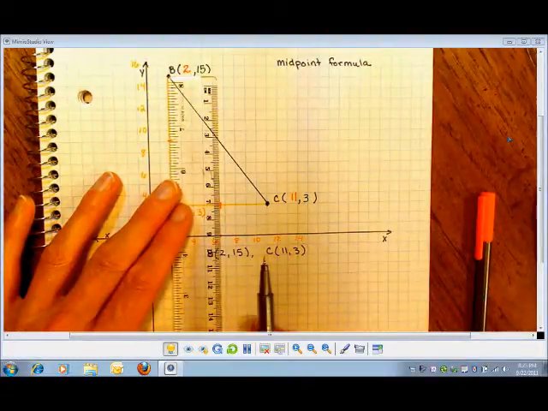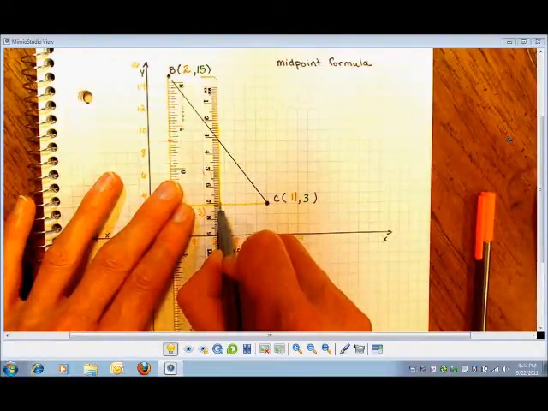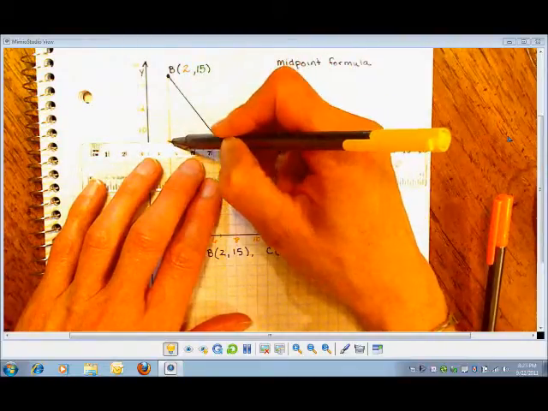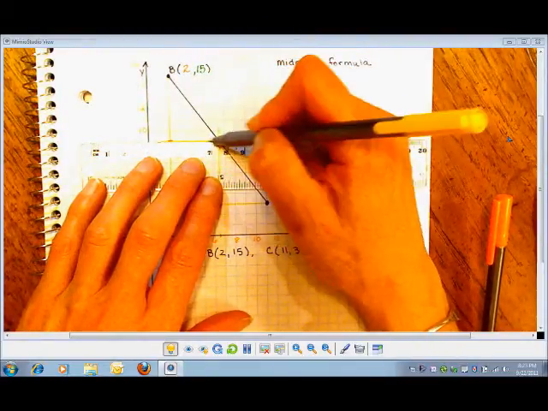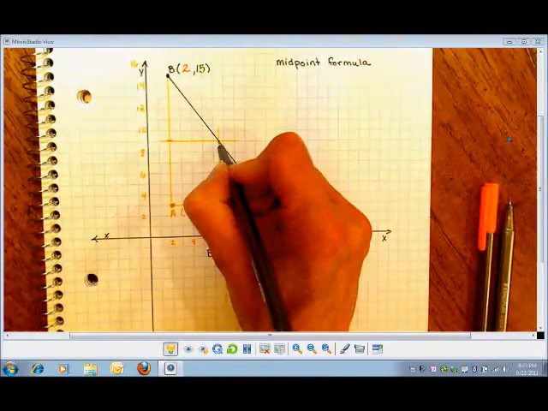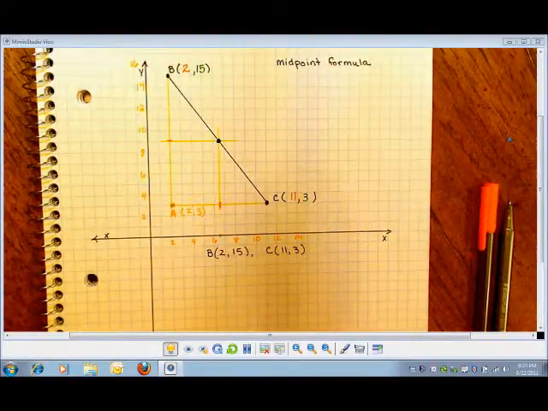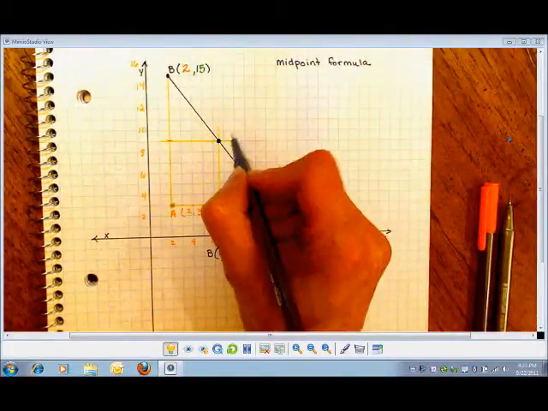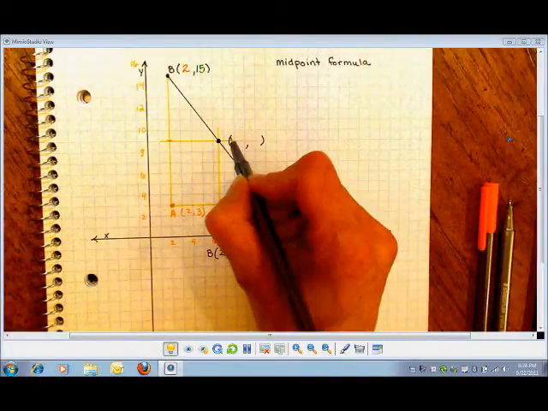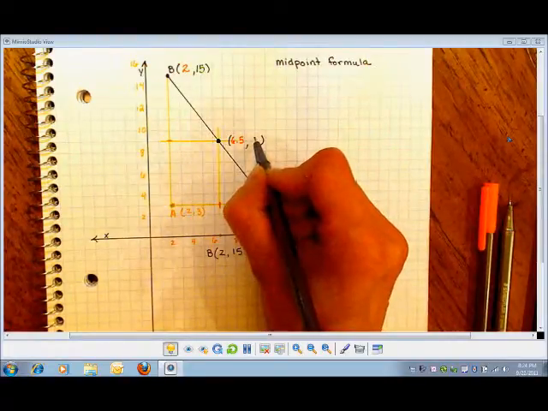My x line intersects there, and my y intersects right there. That point right there should be my midpoint, which means my midpoint is at the coordinate where x is 6.5 and y is 9.